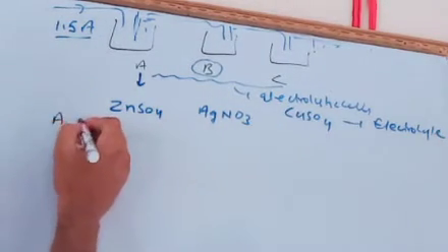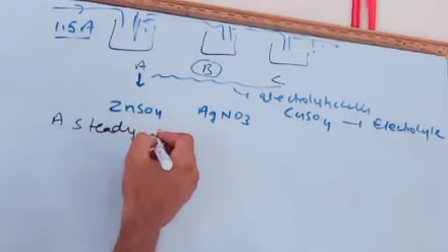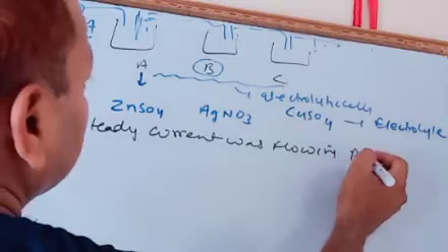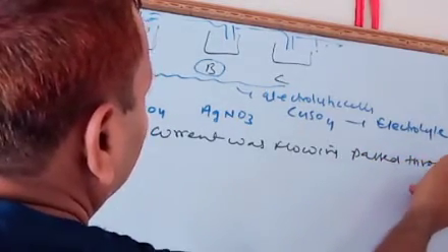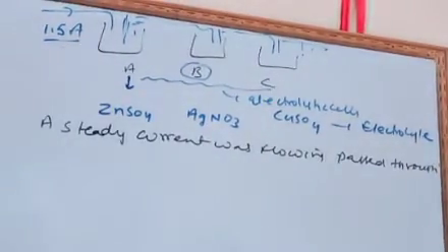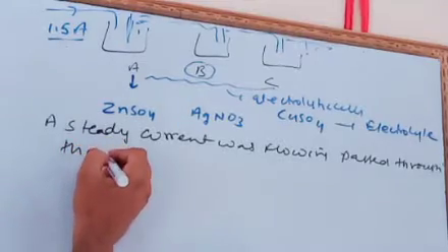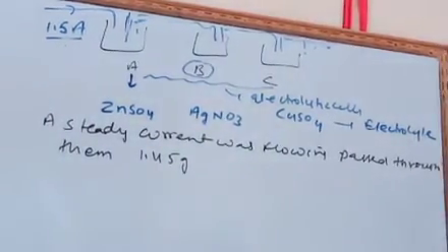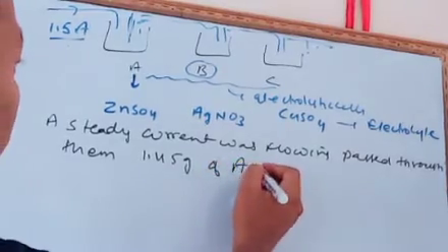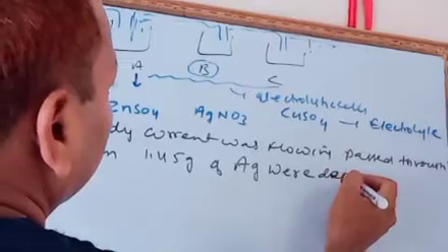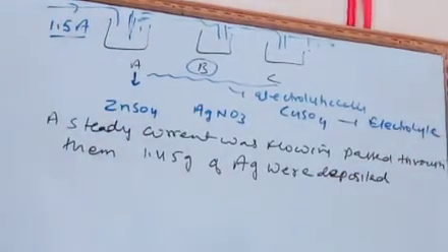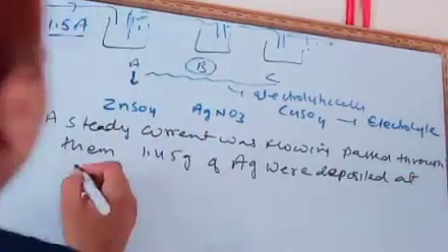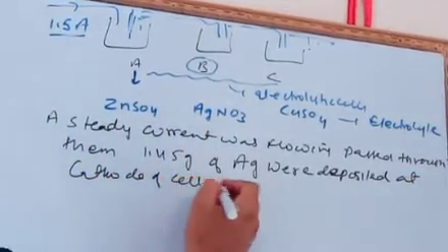So here is the question: a steady current was passed through them until 1.45 gram of silver was deposited at the cathode of cell B. So this is the numerical.